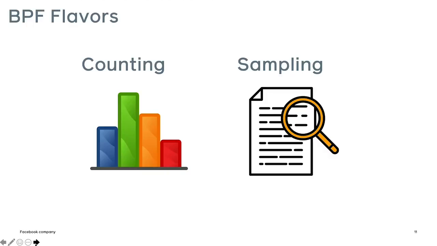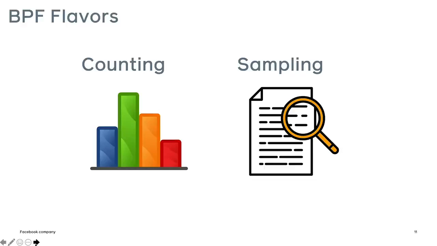So you're more interested in understanding the summary of your data rather than the details of the data itself. And BPF can give you this data in forms of maps, and you can think of maps as just data structures. Like you could think of it as just a hash map, or maybe a table that has a list of values. So this is the first way you can look at BPF data, by counting.